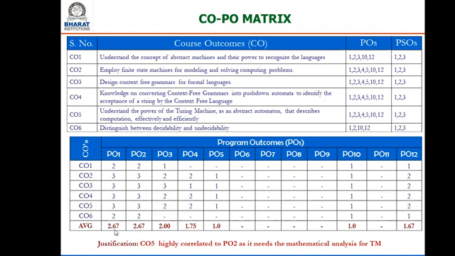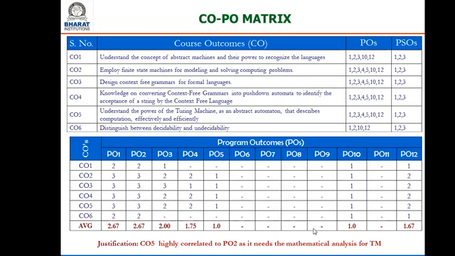So you will get 2.67. Like PO2, PO3, PO4, PO5. Now you can see PO6, no CO is mapped with PO6, PO7 also, 8 also, 9 also. So here all are hyphens. Then PO10 also the average, PO11 no CO is mapping with PO11, then PO12.